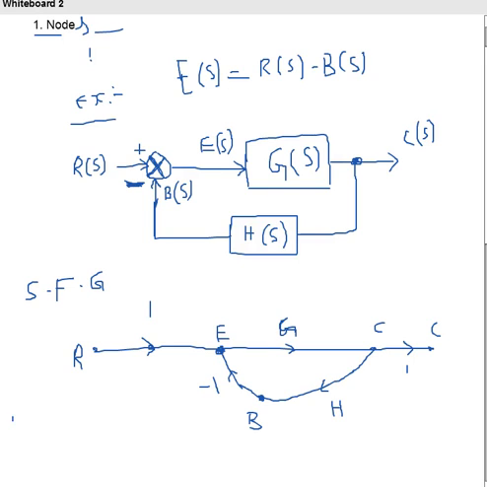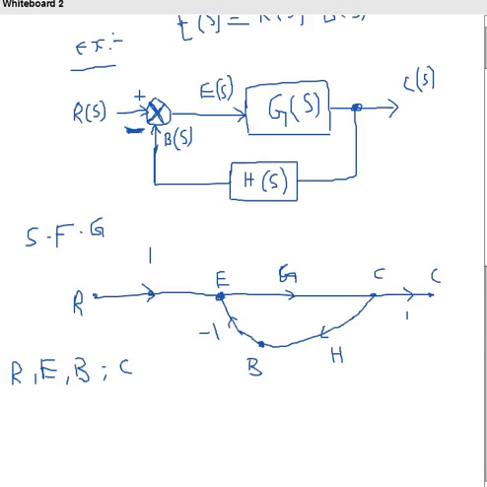So here the nodes are R, E, B, and C, where R is the input node and C is the output node. A node represents a system variable which is equal to the sum of all incoming signals at the node. Outgoing signals from the node do not affect the value of the node variable.